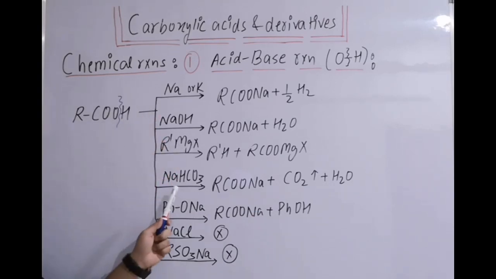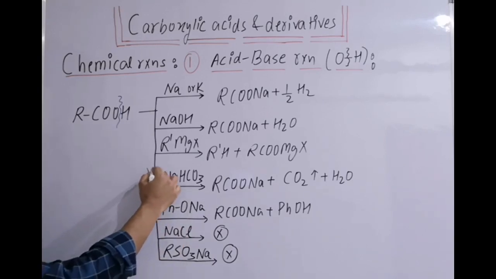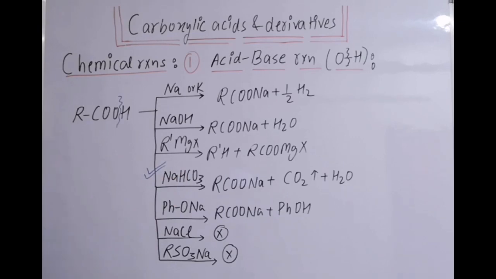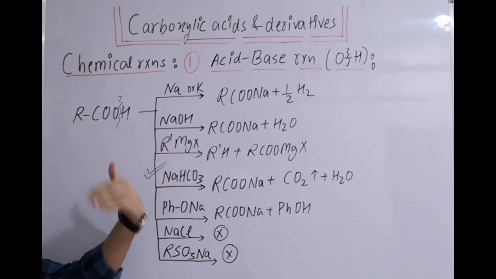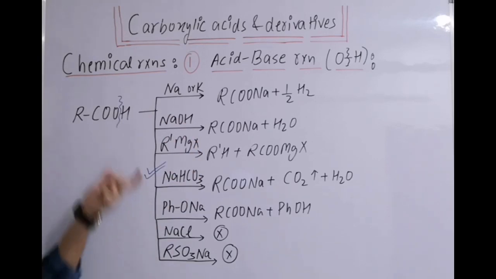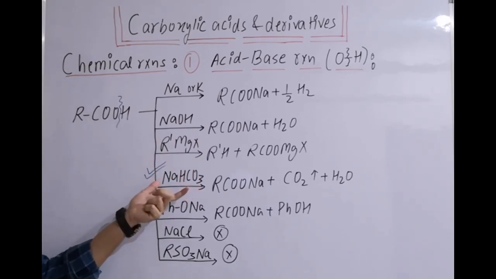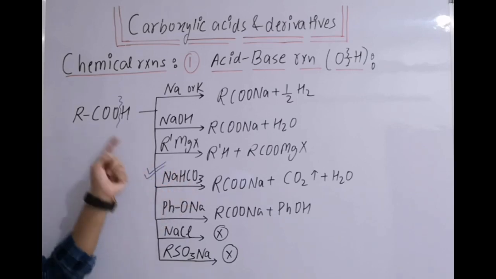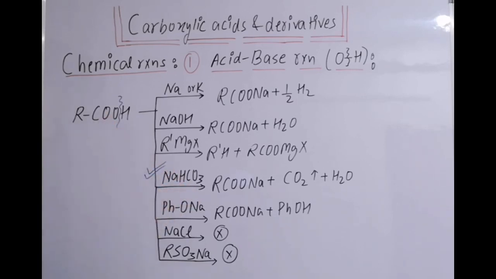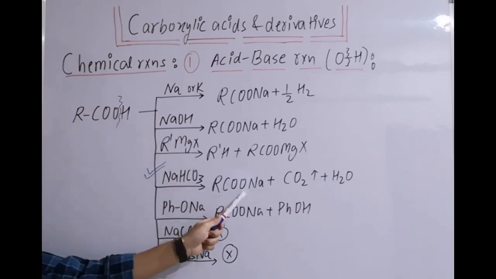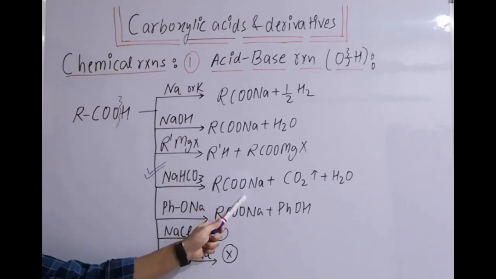Fourth, sodium bicarbonate. This is a very important reaction. Why? Because it is used as a test for the carboxylic group; when you go through the options you will find that among them carboxylic acid will give the sodium bicarbonate test. It is simply an acid-base reaction. A stronger acid will displace a weaker acid from its salt. It forms its salt, which means the stronger acid will form its salt.